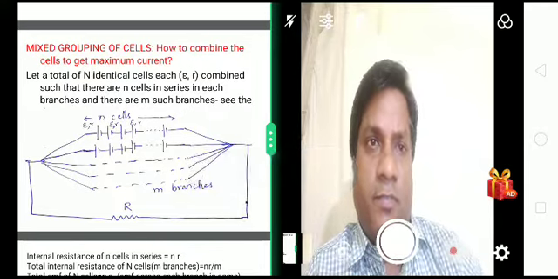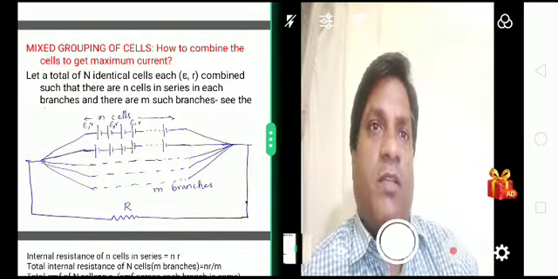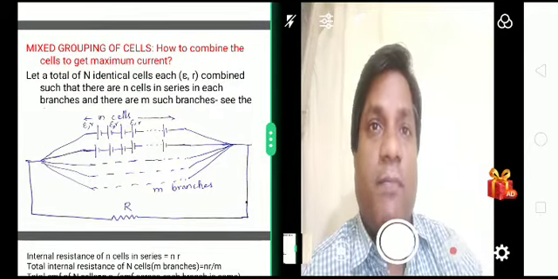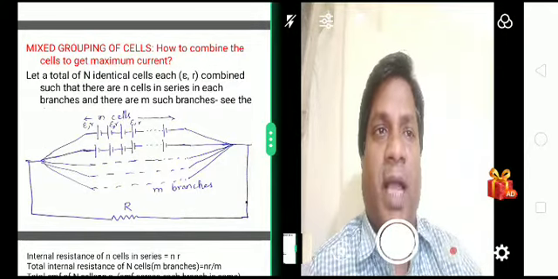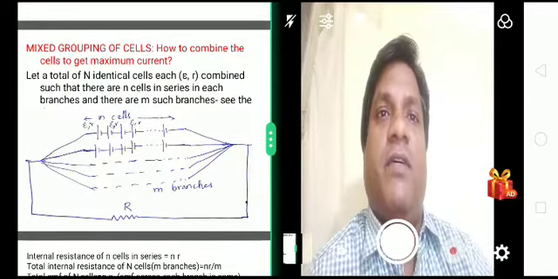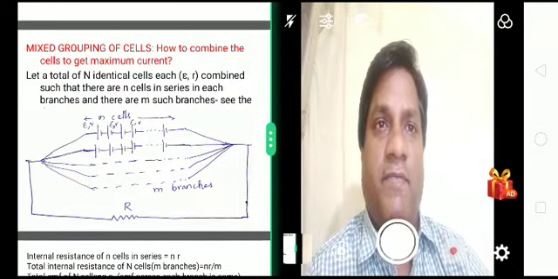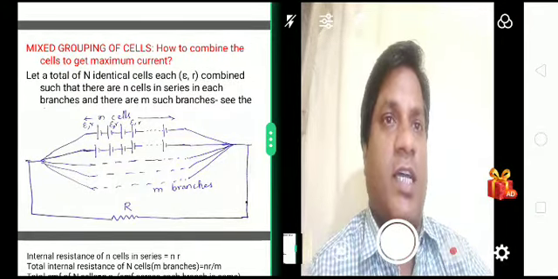Now let's see mathematically how the mixed grouping of cells works and how to combine the cells to get maximum current. So let us consider a total of N identical cells, each of EMF E and internal resistance r.